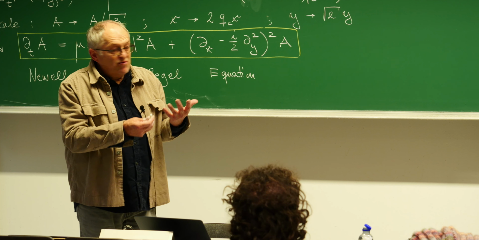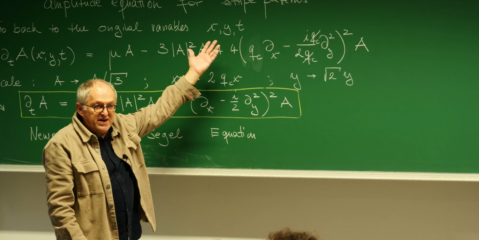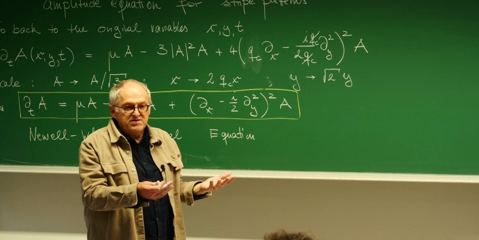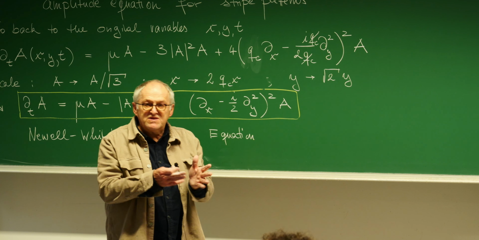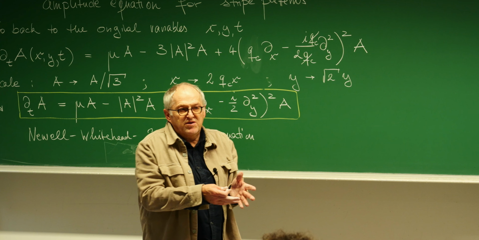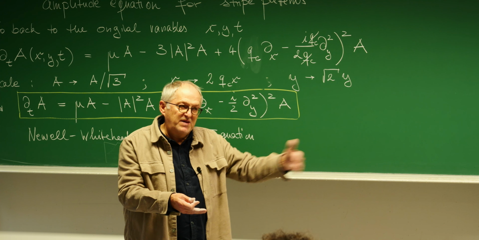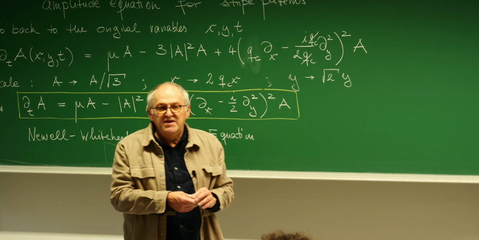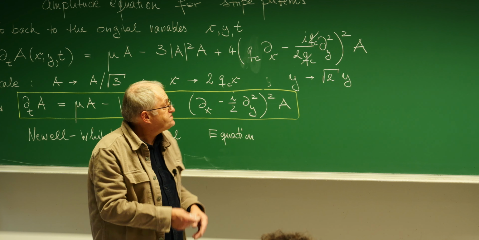So what you can then do in general is not write down an amplitude equation for stripe patterns. You could also try and derive other types of amplitude equations where you make a different ansatz for your carrier wave, because you could think maybe the carrier wave is a lattice of points instead of a stripe. And then the analysis becomes a bit more tricky in the sense of more algebra, but not conceptually different.